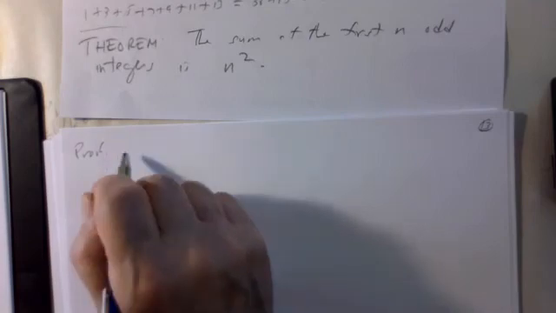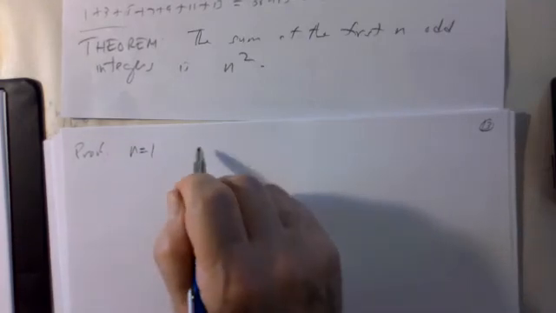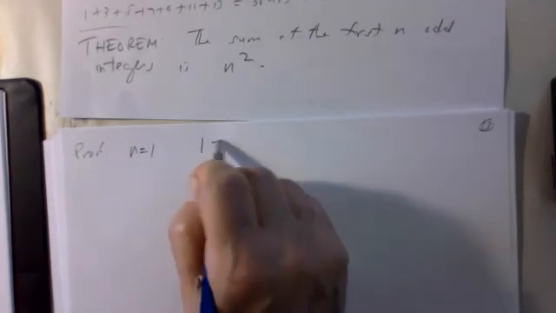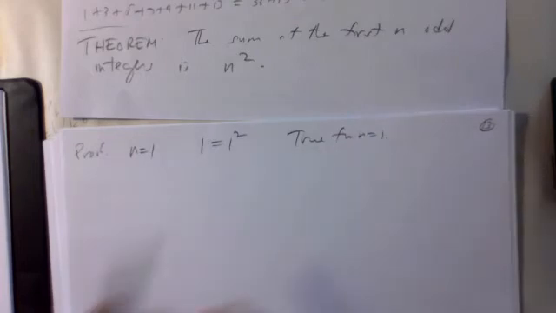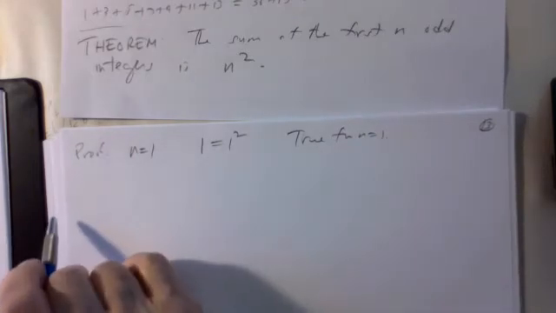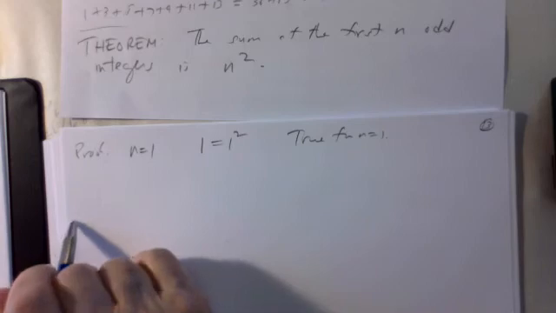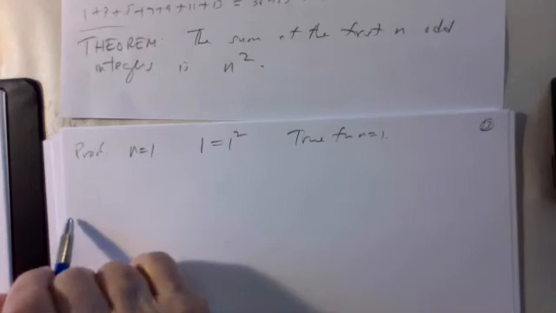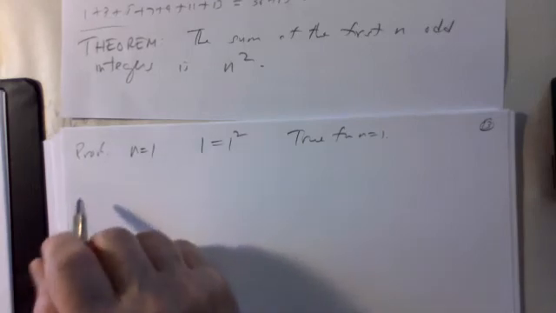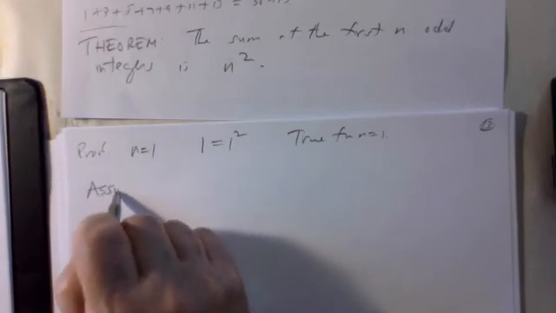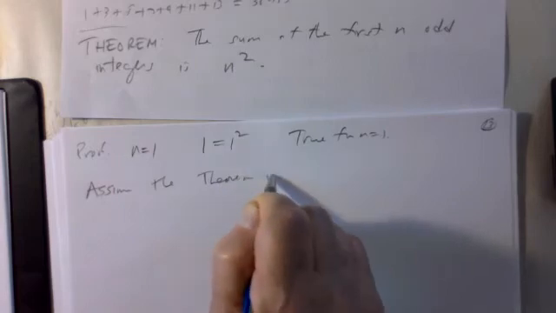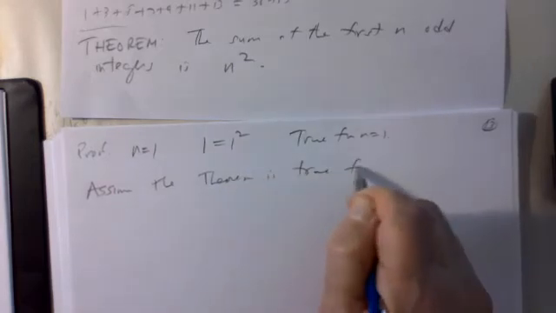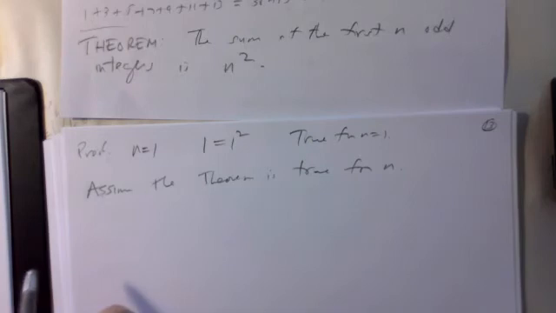What does the theorem say in the case n equals 1? It says the sum of the first odd integer is the first odd integer squared. So the statement is true for n equal 1. What's the second thing we have to prove in mathematical induction? Assume the theorem is true for some positive integer n.